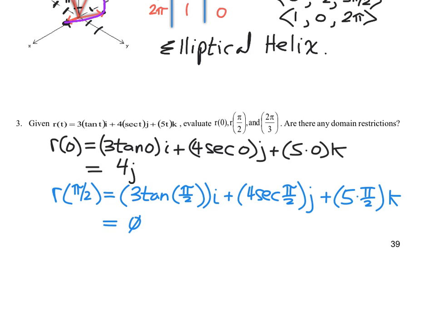And the reason why is because parts of it are undefined. Cosine of pi over 2 is equal to 0. Tangent is sine over cosine. Secant is 1 over cosine. In both of these cases, we're going to have cosine of pi over 2 in the bottom of a fraction. Denominators are going to be equal to 0. So it's undefined because the components for i and j are undefined at those values. And all it takes is 1. If it happens that it's undefined in more than one component, that's fine, but all it takes is 1 component.